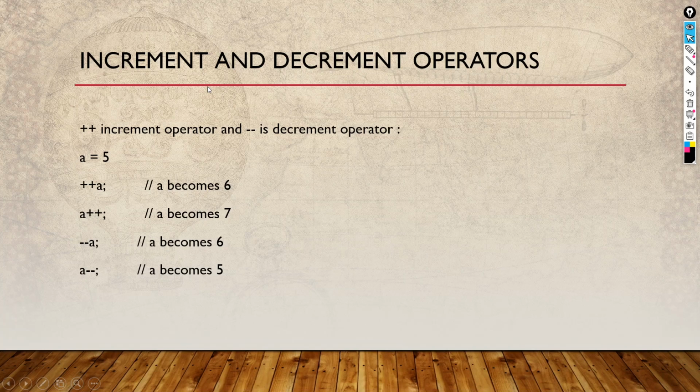Now increment and decrement operators. Plus plus means the increment operator and minus minus means the decrement operator. If we say a equals 5 and then we say plus plus a, then the value will be 6. Then if you write a plus plus, again the value will be incremented by 1. This is the same as writing a equals a plus 1.